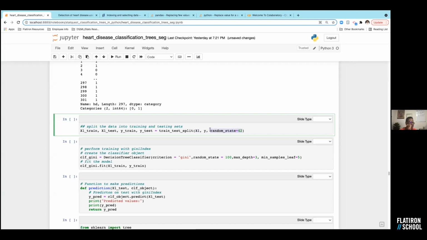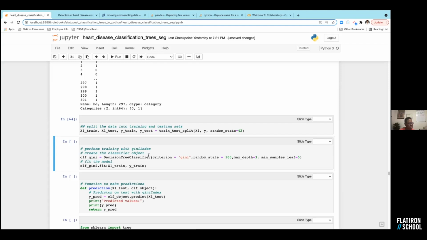And you use this random state such that every time you run this code, it would do the split the same way. So if you made some changes and you want to run it again, the software would split it exactly the same way that it was split before. Once you have made the split, you're going to use the decision tree classification to create a model.